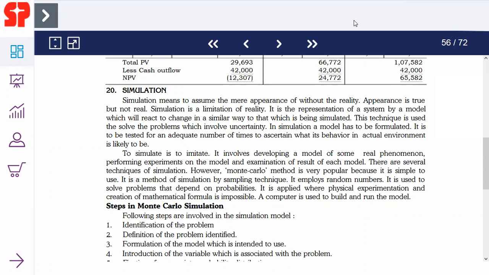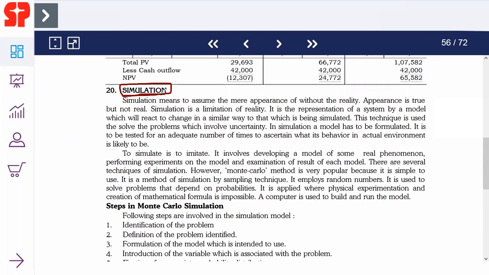So let us start with the simulation. Actually, simulation, if you see, is a part of operations research or quantitative techniques.